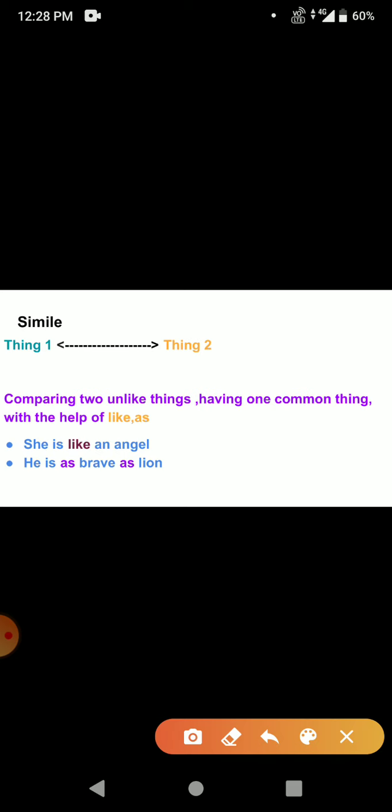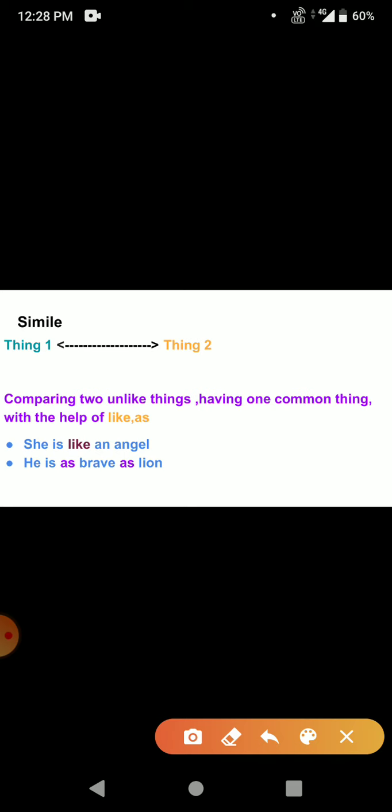So we say she is like an angel. You have to remember that whenever you find a sentence or a statement where the words like, as, so have been used, and two things are being compared with the help of like, as, so, you can say this is simile.